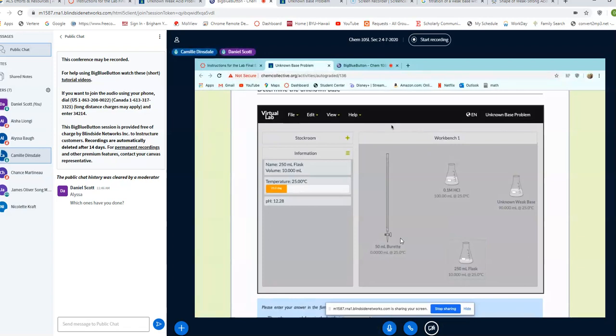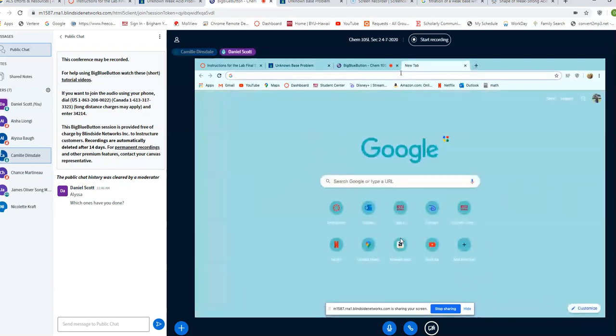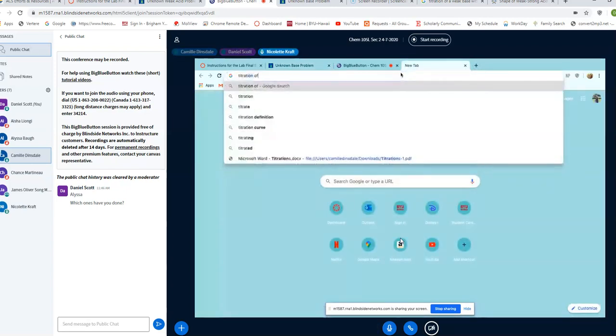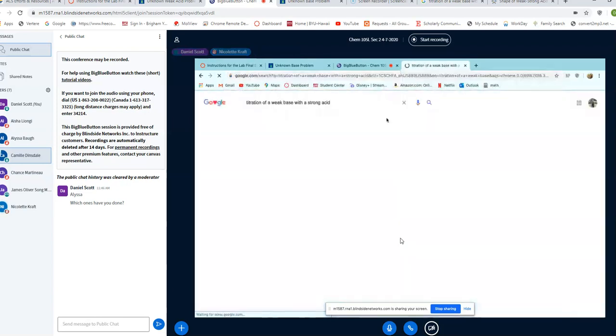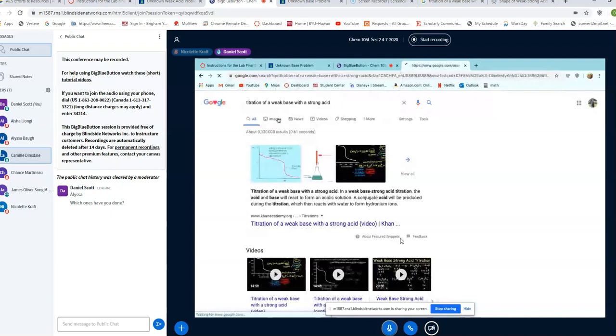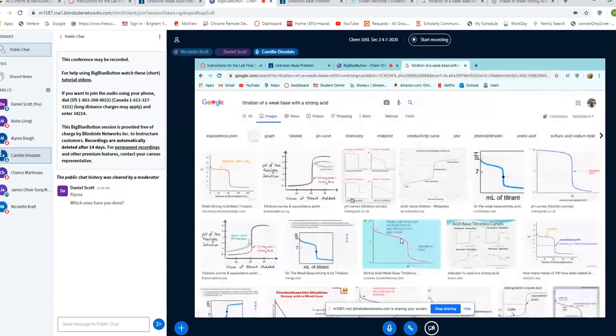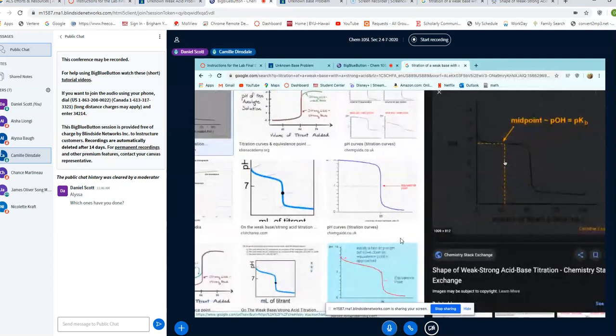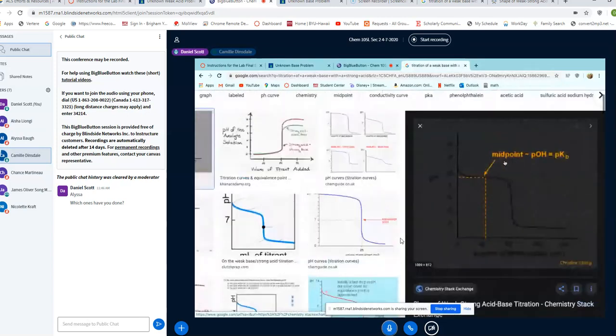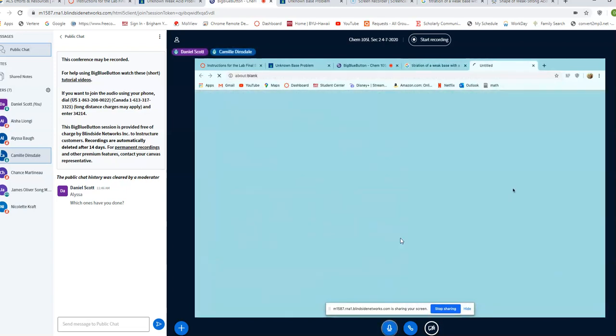So go ahead and open a Google page and type titration of a weak base. Very good. And then, I think you use this one. And yeah, click on that one there. It'll get you to it. Just click right there. This one? Yeah.